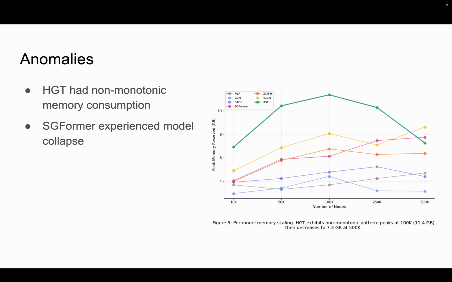In contrast, we saw unexpected behavior from SGformer. At larger sample sizes, the model would train and eventually achieve a reasonable validation result before experiencing model collapse and seeing all performance metrics go to zero. This is highly unexpected, as the SGformer paper claims strong results on graphs of over 100 million nodes, and no other models demonstrated signs of collapse in our study.